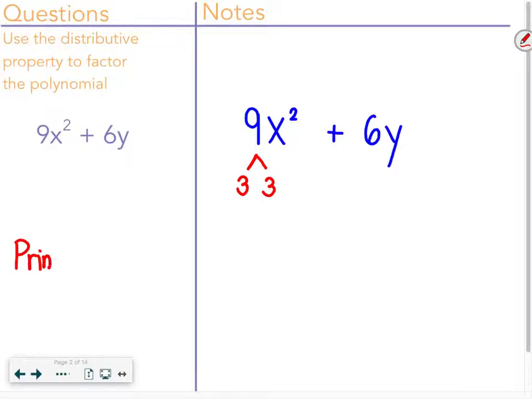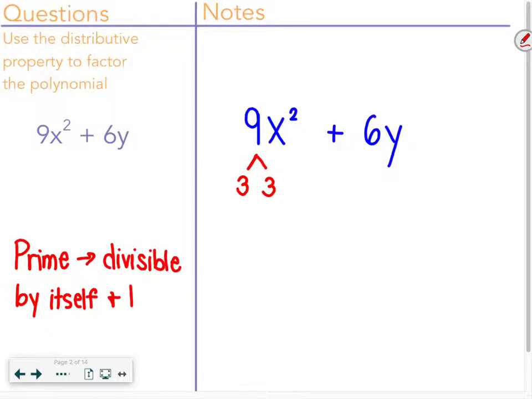So for example, 3 is prime because the only numbers that you can divide 3 by are 3, so itself, and 1. Once you hit a prime, you're going to circle it.